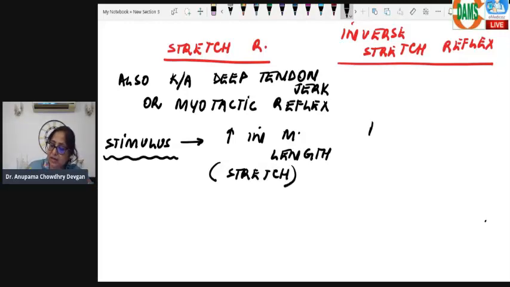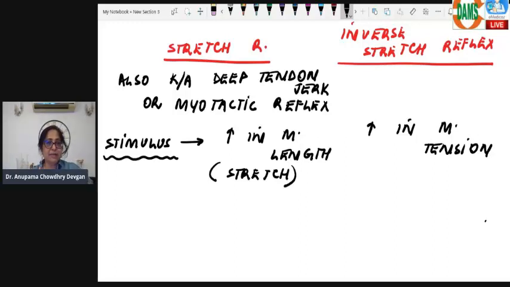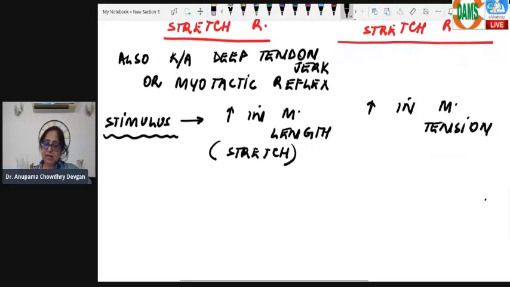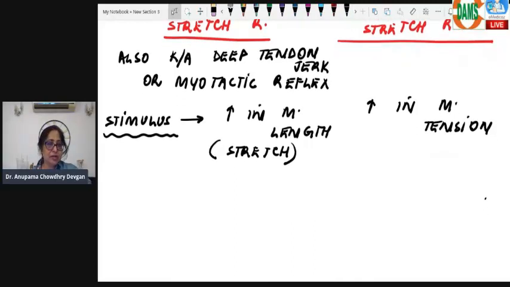For the inverse stretch reflex, it is increase in muscle tension. So for the stretch reflex, deep tendon jerk, or myotactic reflex, the stimulus is increase in muscle length or stretch. Inverse stretch reflex is increase in muscle tension.